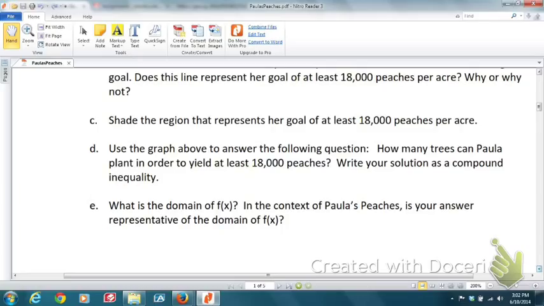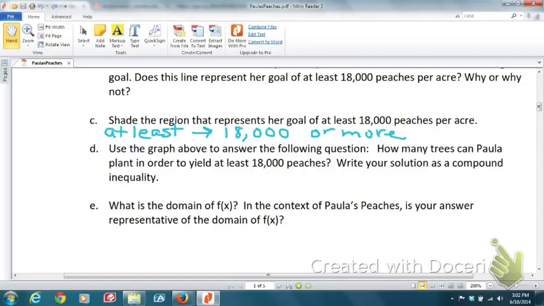And at least means she wants 18,000 peaches or more. So you think about that and you think about what region you have to shade.